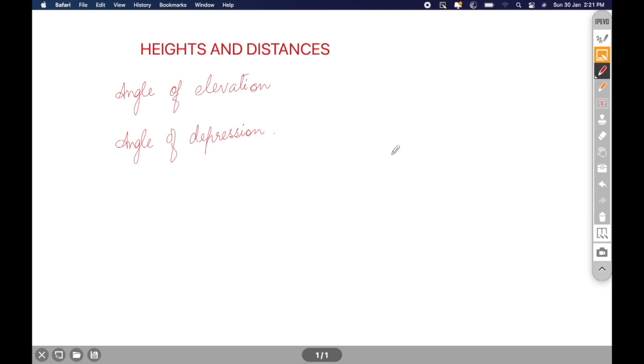In order to identify the angle of elevation, we first have to consider the eye of an observer on a horizontal line.